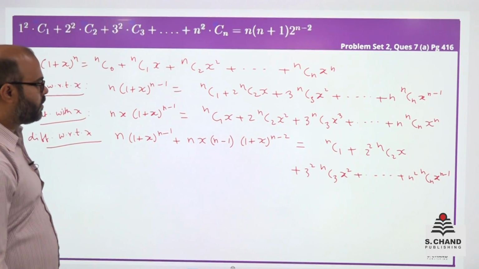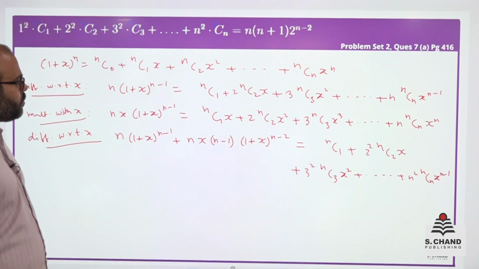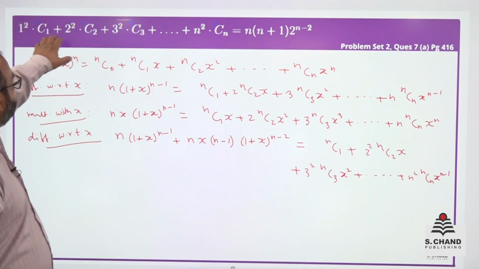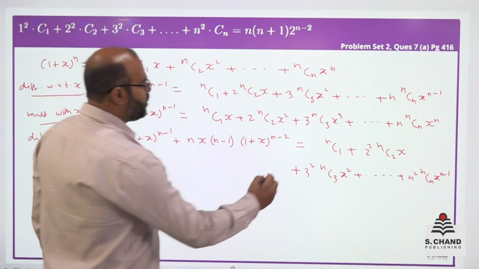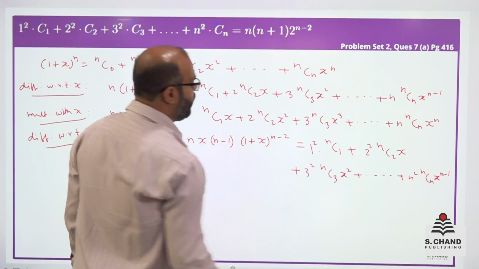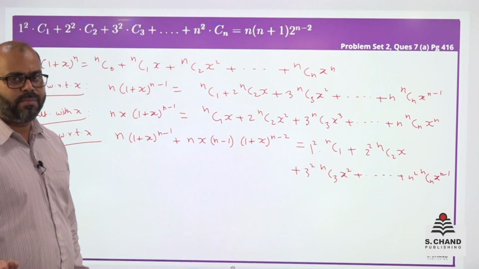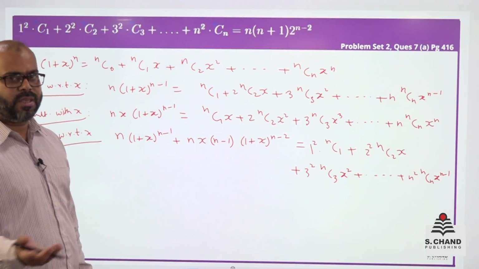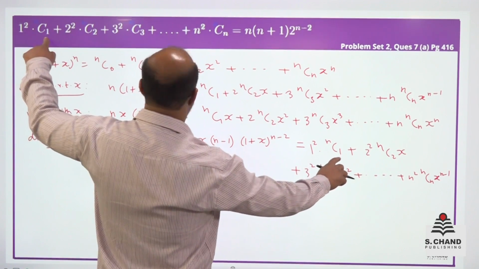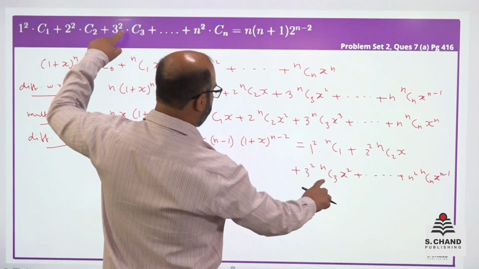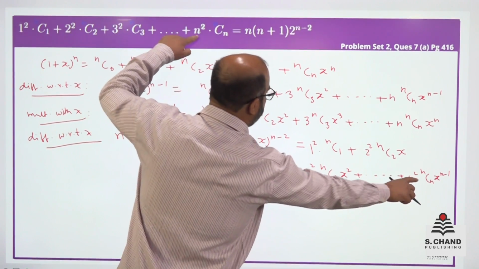We have got this. Now we are getting somehow this term, and in order to perfectly make it like this, 1 square can be multiplied here, because multiplication with 1 square is simply by 1, which means nothing, same value. So 1 square nc1, 2 square nc2, 3 square nc3, and so on n square ncn.